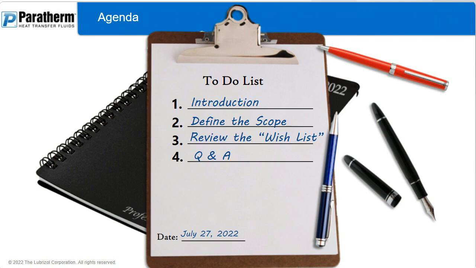Then we'll spend the majority of the time on item 3, reviewing that wish list of attributes that would make up an ideal thermal fluid user, based on the perception of an expert in the field. With the time we have left, any questions that arise throughout the presentation can be typed into that chat box, and we'll organize them and answer as many questions as we possibly can.